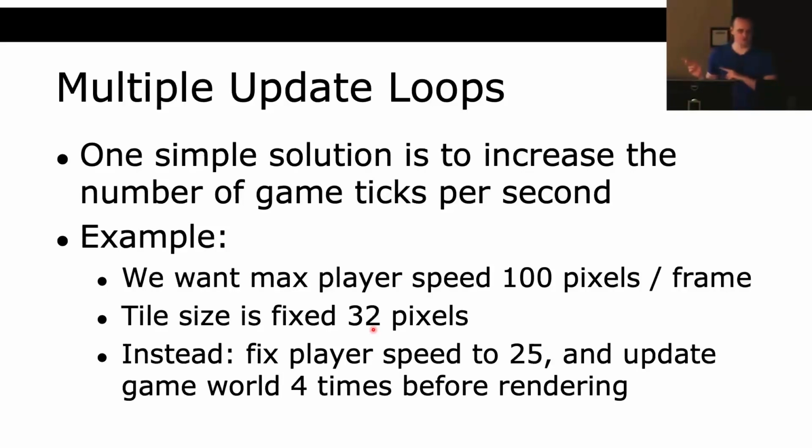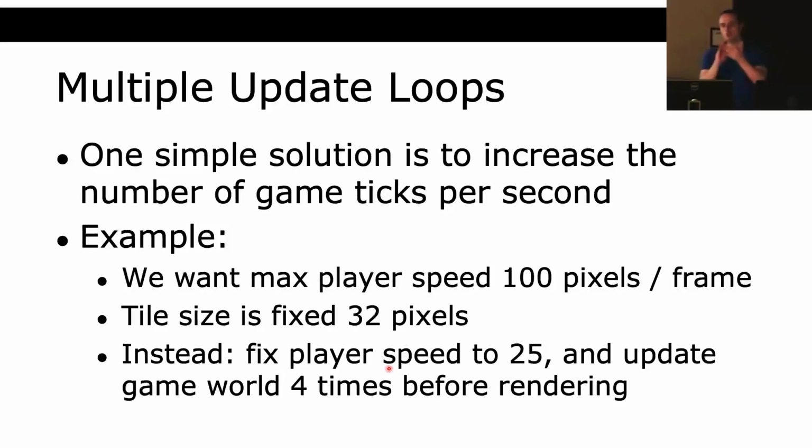So what we can do instead is take 100 pixels per frame, and choose based on how fast it takes us to actually update the game simulation. If we've got lots of time and we know that we could do 4 full ticks of simulation in the amount of time that we have between renderings, then instead of 100 pixels per frame, we could do 4 separate updates of 25 pixels per frame.